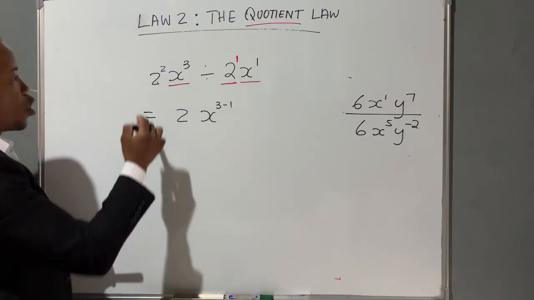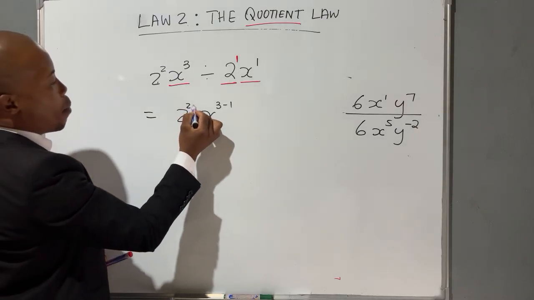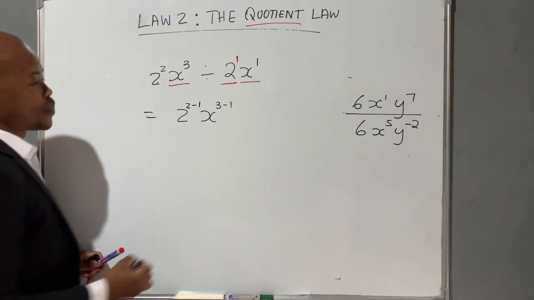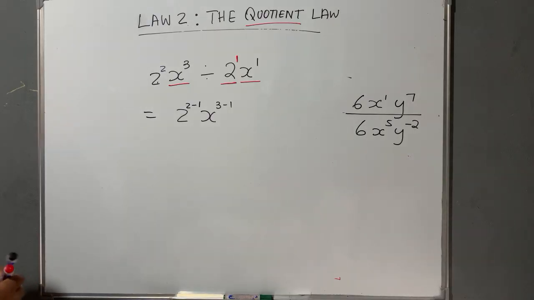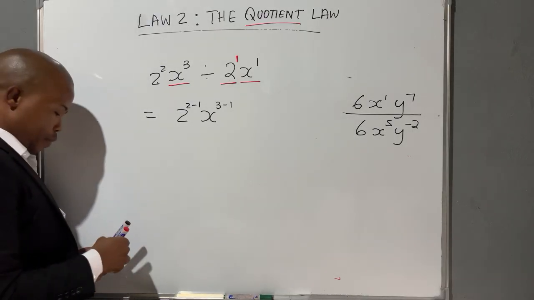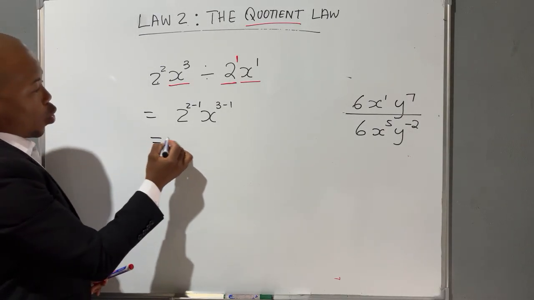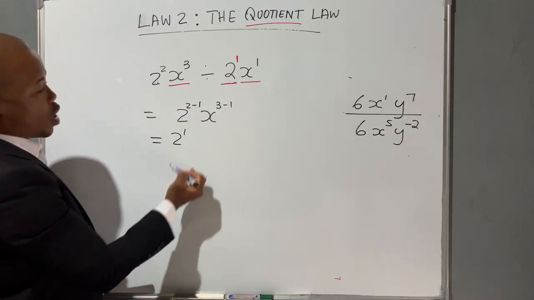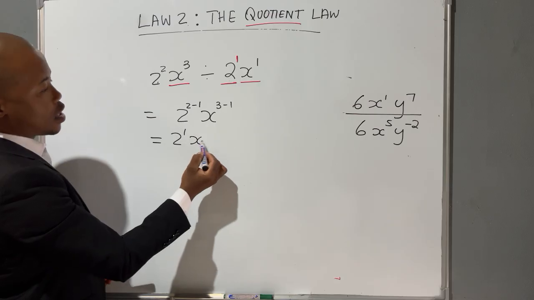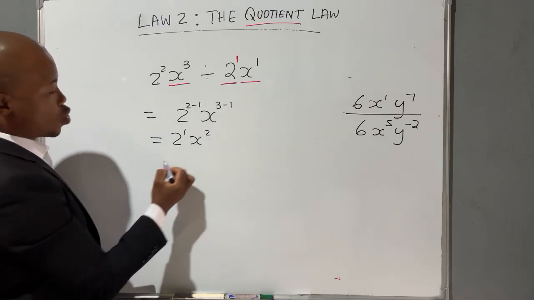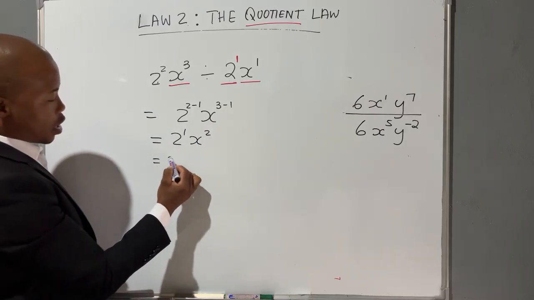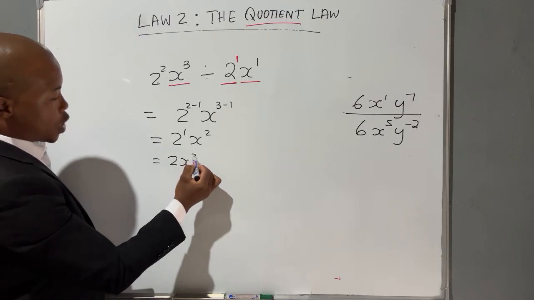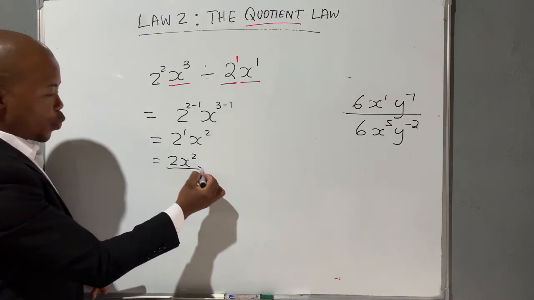In this case, we are going to have 2 minus 1. When we solve this one, we're going to have 2 to the exponent 2 minus 1, which is just 1, and then x, and then 3 minus 1 is just 2. In other words, this answer can be 2x to the exponent 2.